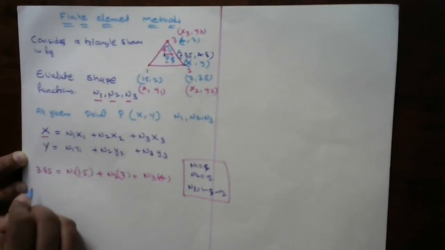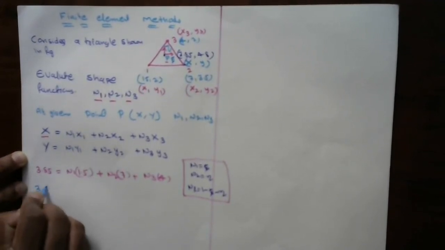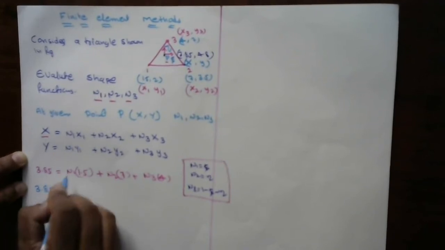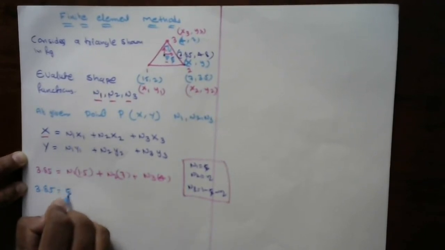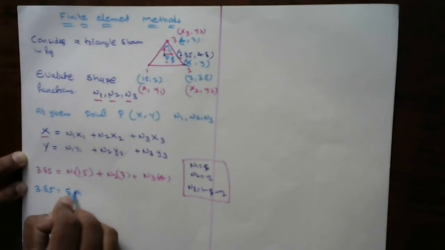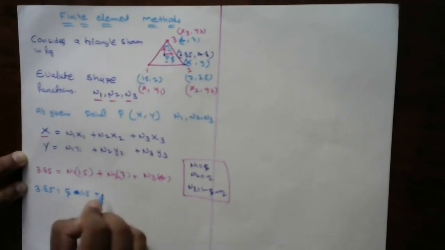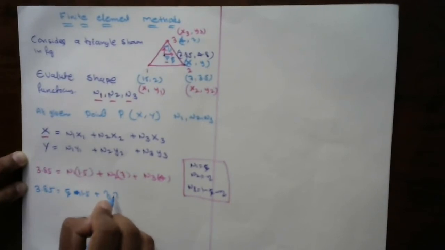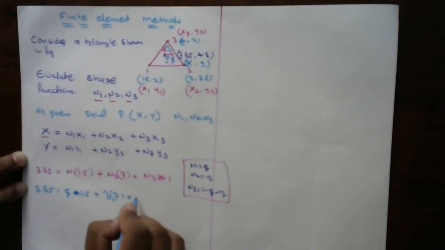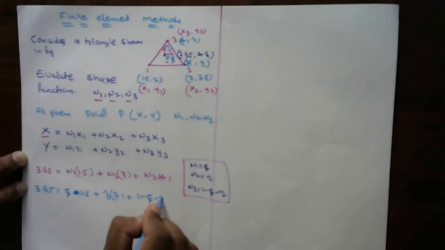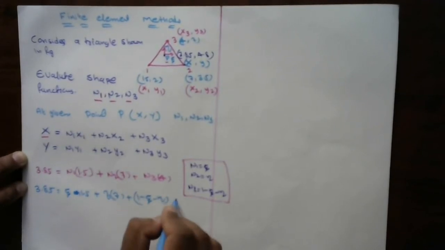Let us substitute n1 equal to zeta. So 3.85 is equal to zeta times 1.5, plus n2, which is eta, times 7, plus n3, which is 1 minus zeta minus eta, times 4.